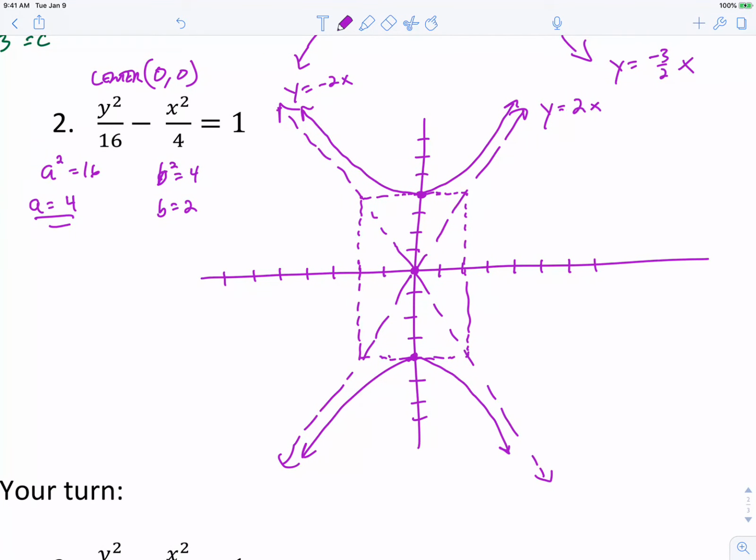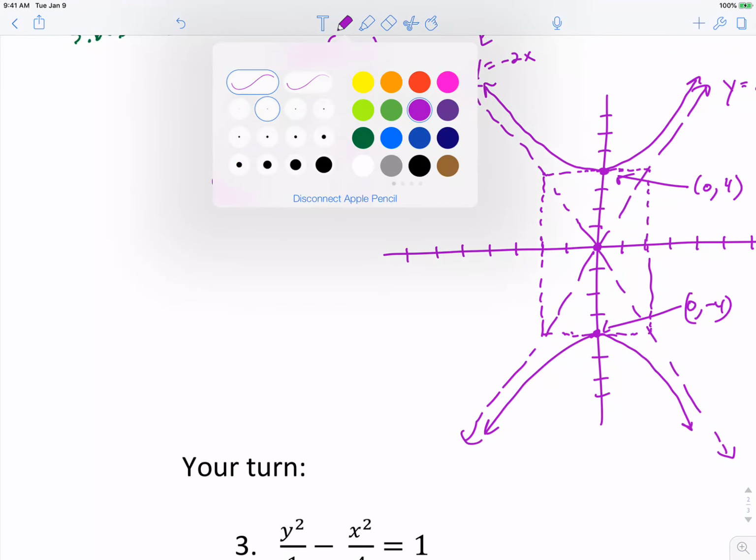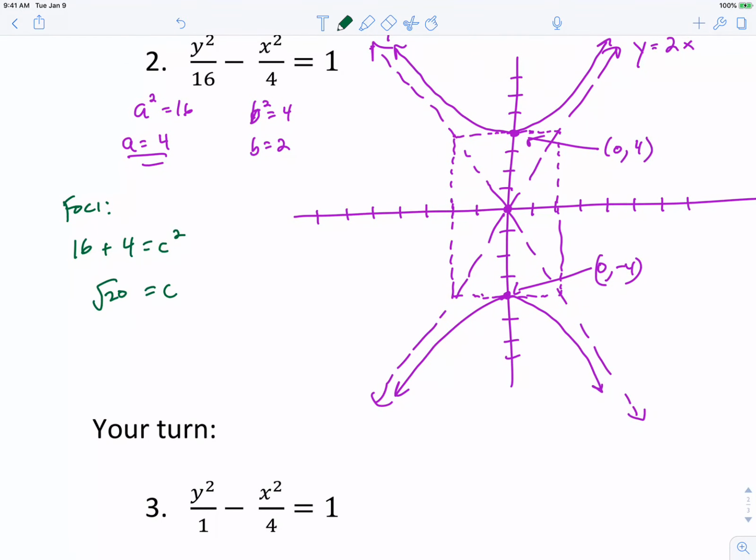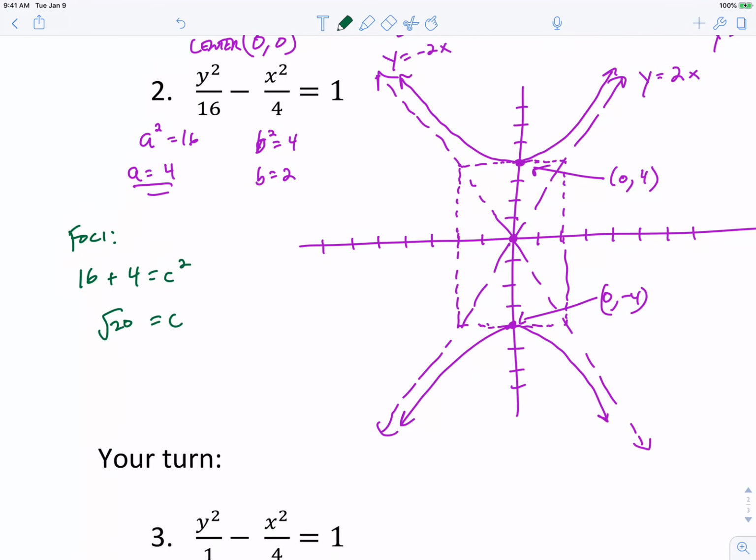The vertices here are 0, 4, and 0, negative 4. They want the foci. We'll do those in green. So it's going to be 16, not squared, it's already squared. 16, a squared plus b squared equals c squared. So c is root 20. Root 20 is in between 4 and 5, so about 4.5 when I graph it.